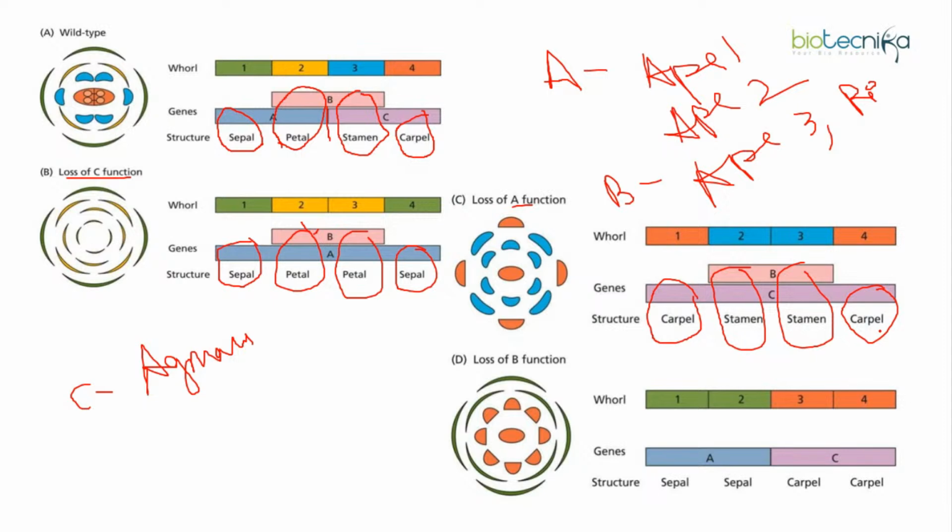Okay. Next, if there is a loss of B class of gene, you will get only a sepal, only a sepal, only C carpel, only C carpel. Clear with this?